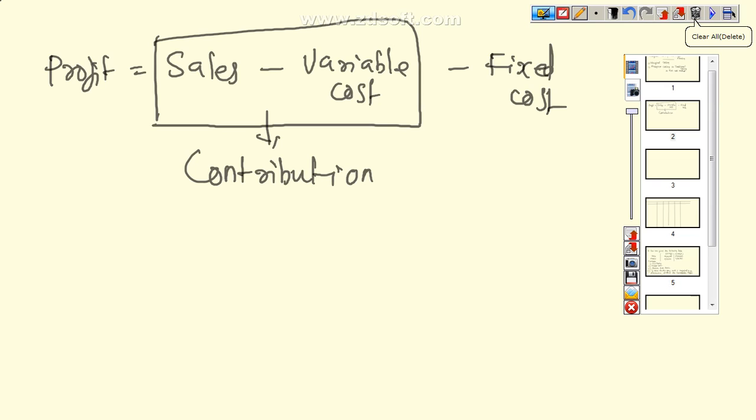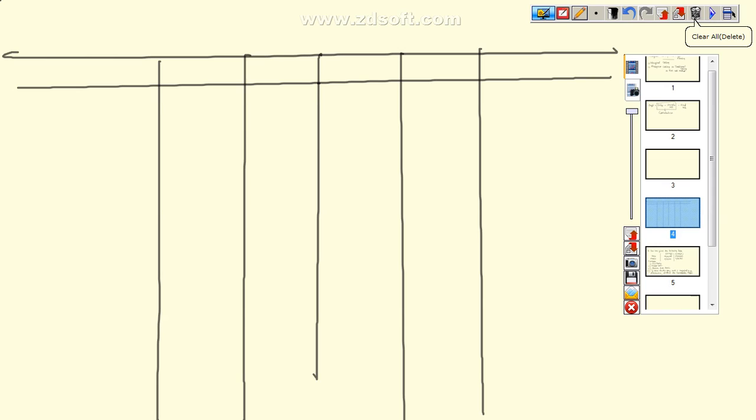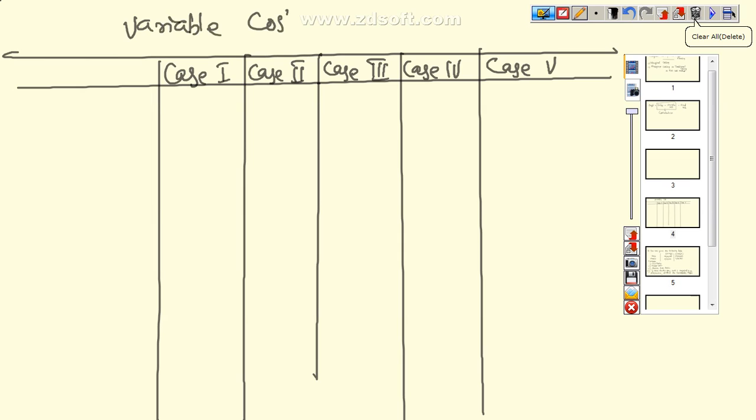Now let me take an example. Here we consider case 1, case 2, case 3, case 4, case 5. Variable cost is given 30%. So variable cost we calculate on sale.